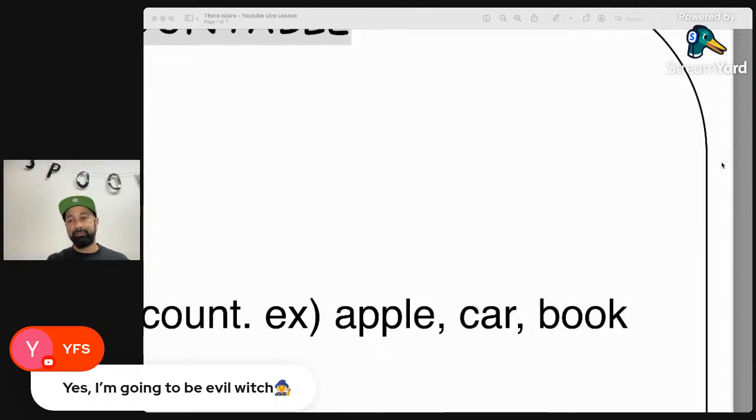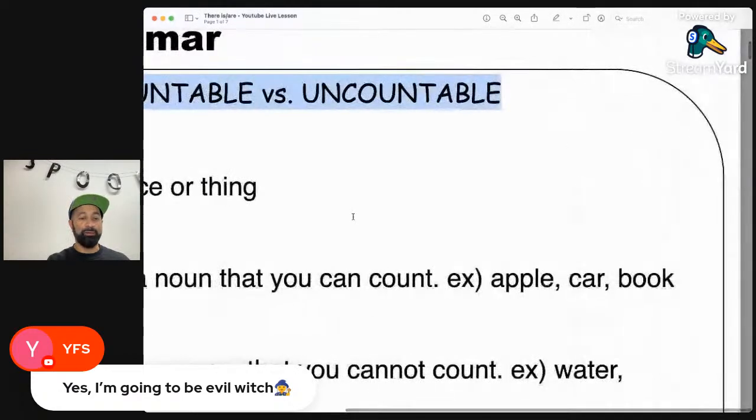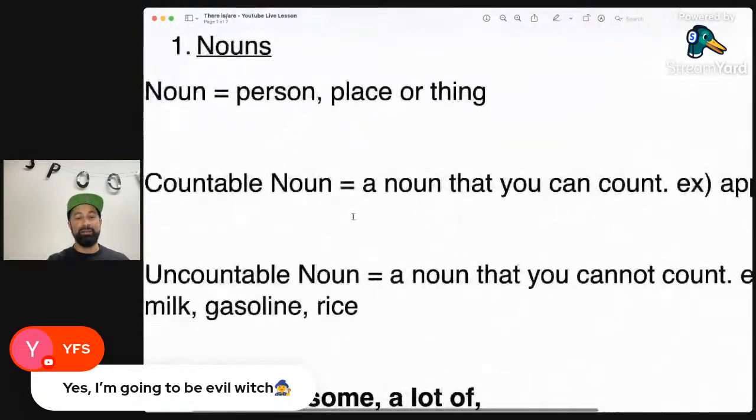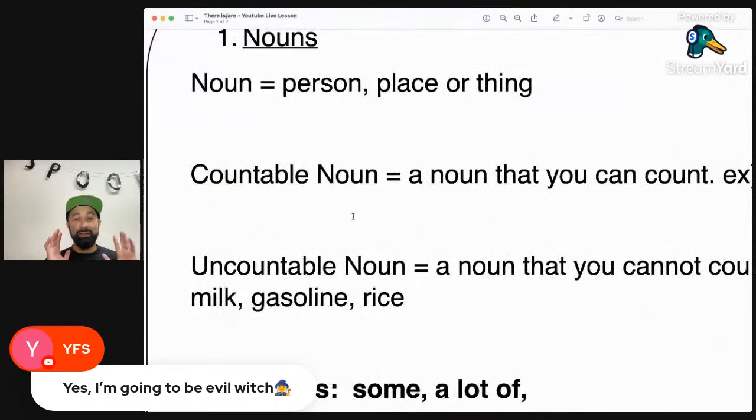Now, the opposite is uncountable. Uncountable means you cannot count this noun. One trick that I always tell people, when you're trying to figure out if it is countable or uncountable, is to imagine that it is in your hand.